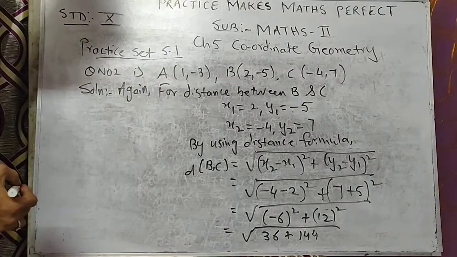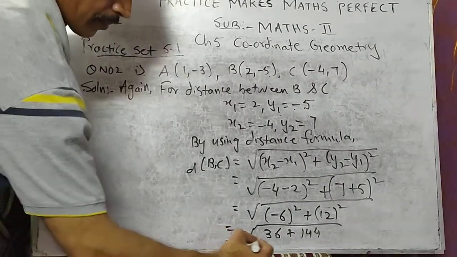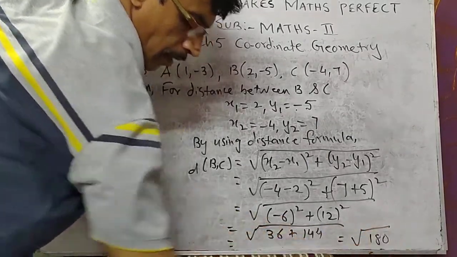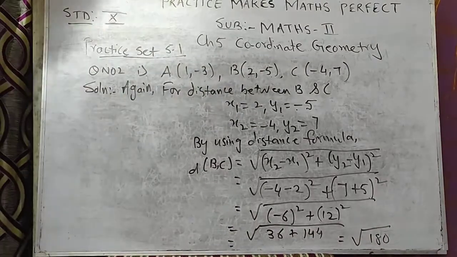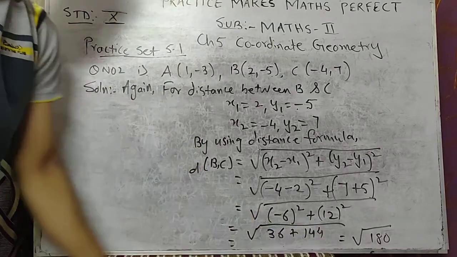So 36 plus 144, how much you will get? 180. So here you got distance B comma C is 180.